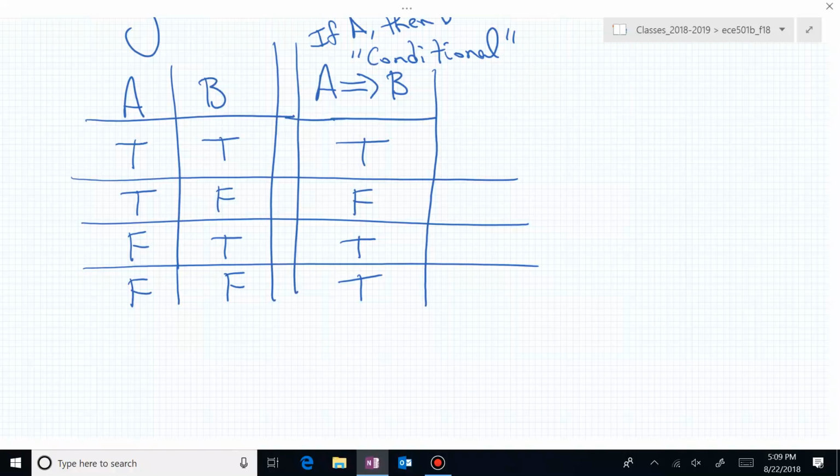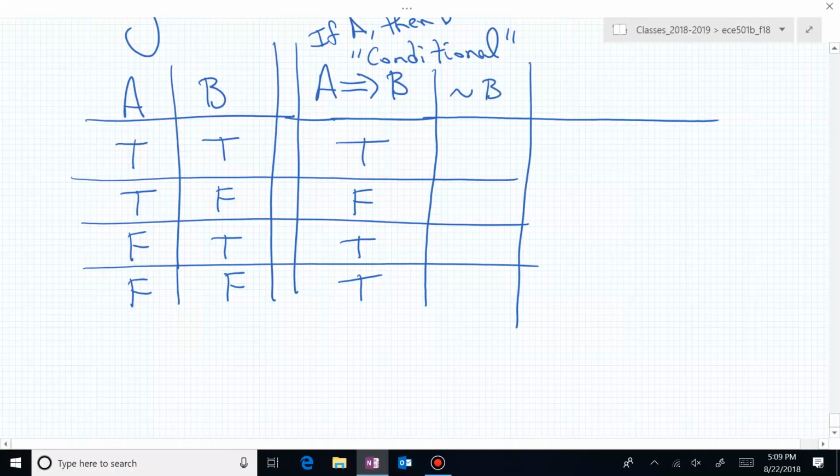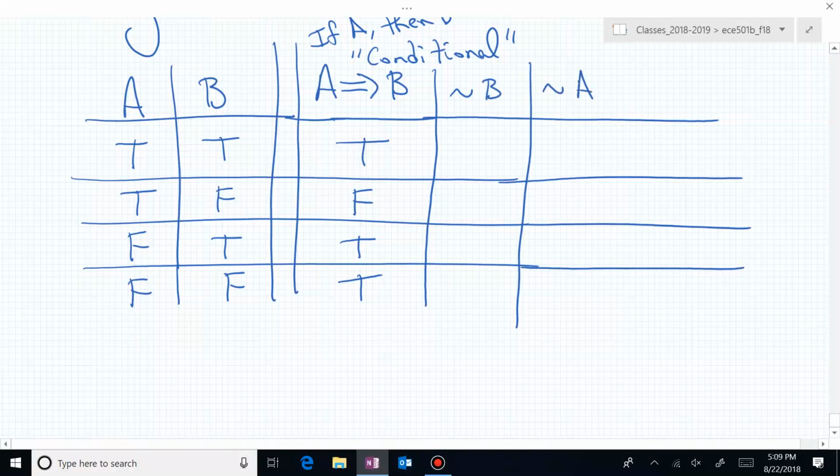If A, then B. So now let's fill out the other piece of that and show the logical equivalence of not B implies not A. So we need a not B and we need a not A. So now let's negate B. So we just go false, true, according to B's column.